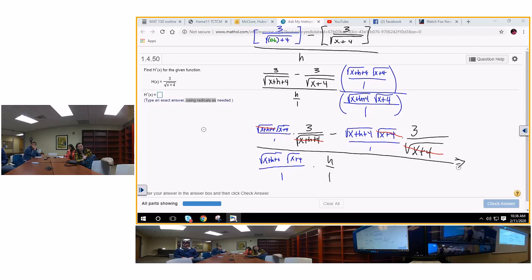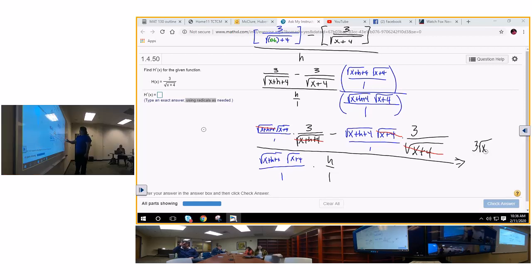3 times square root of x plus 4 minus 3 times the square root of x plus h plus 4, over the square root of x plus h plus 4 times the square root of x plus 4 and times h.